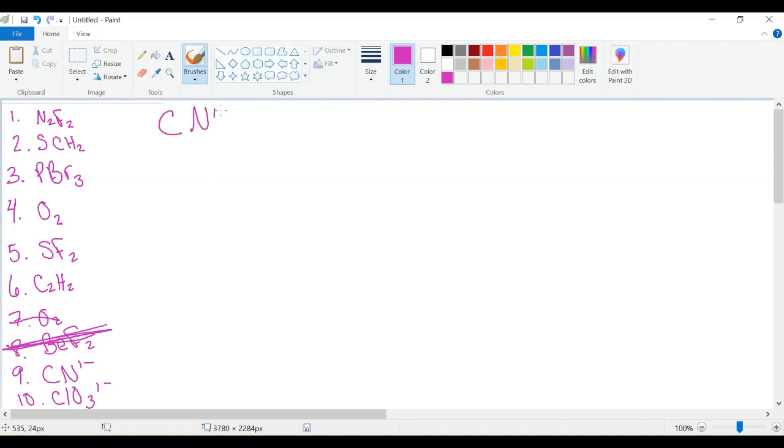The only thing that's different about these is when you're calculating your total electrons, you're going to have to take into account the fact that we have extra or fewer electrons based on whatever this charge is. So since this is 1 minus, that means I've got 1 extra electron as compared to if this was neutral. So when I'm adding up my total electrons, I'm just going to add plus 1 at the end because I've got 1 extra electron in here.